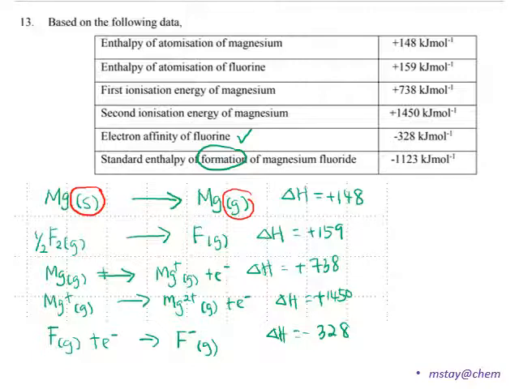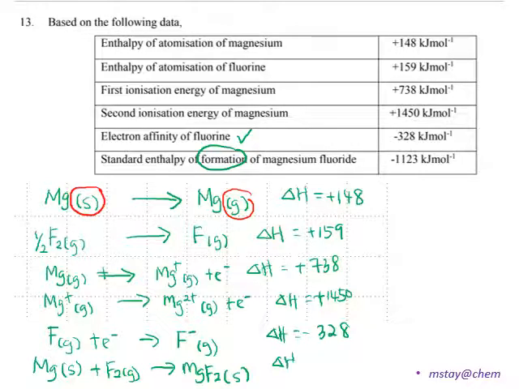When one mole of magnesium fluoride, the ionic compound, so in the solid form, is formed from its elements. So the elements for the magnesium fluoride are magnesium solid and also fluorine gas. So the enthalpy for this one is negative 1123.